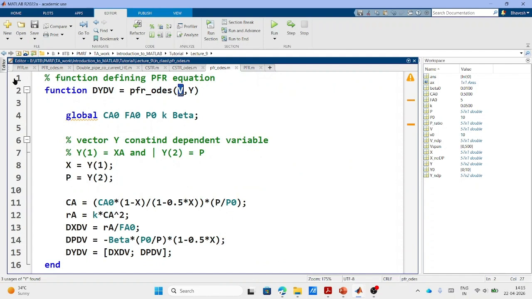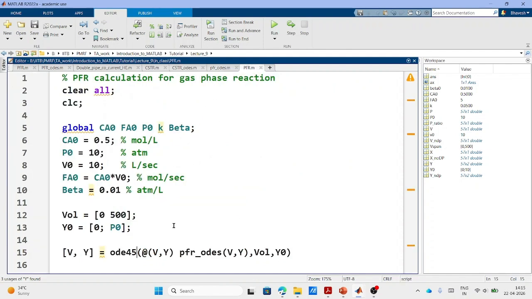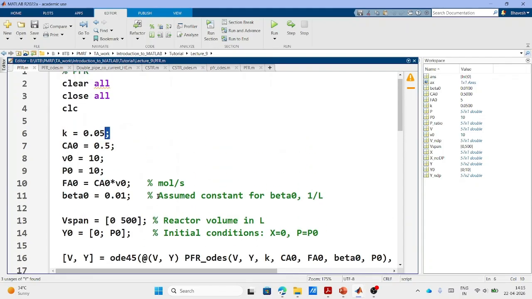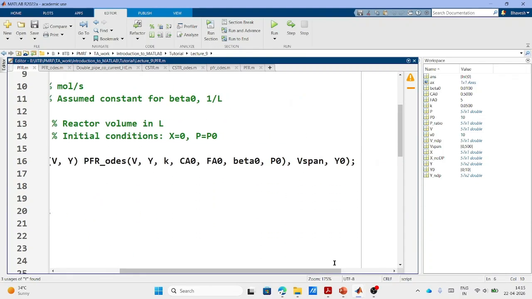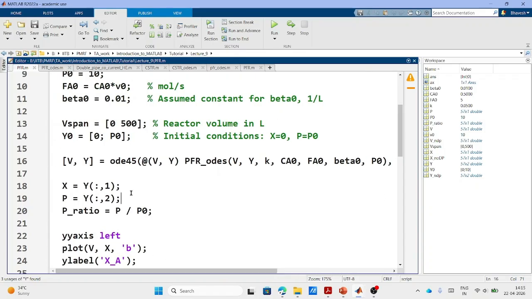Anyway, let it be. So once you have defined this ODE, the next step is to use an ODE function to solve it, right? So I will take the reference example here. We have defined PFR ODEs. We are providing the V span and the Y0 value, okay? And then this ODE solves the vector, then you get the X and pressure value from the Y vector.